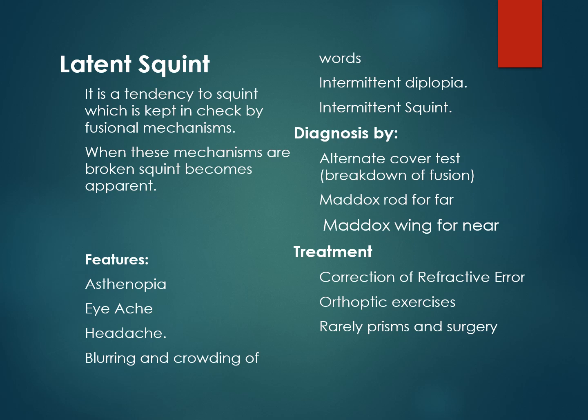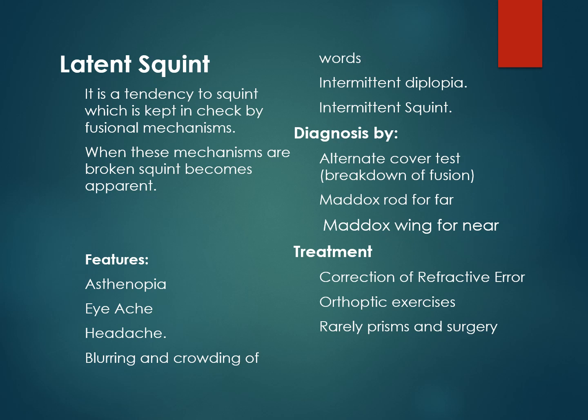All the features are grouped in asthenopia. These include eye ache, headache, blurring of near work, crowding of words, intermittent diplopia, and development of intermittent squint.